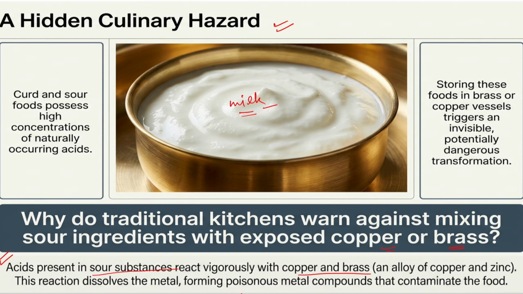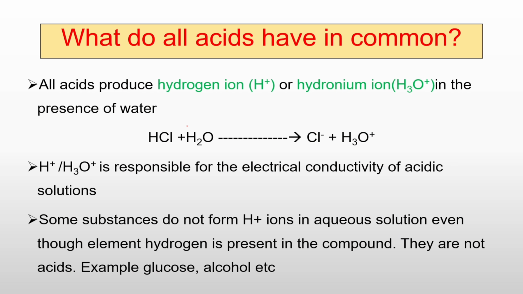This reaction dissolves the metal, forming poisonous metal compounds that contaminate the food. That is why curd or anything made up of milk should not be kept in these metal pots.